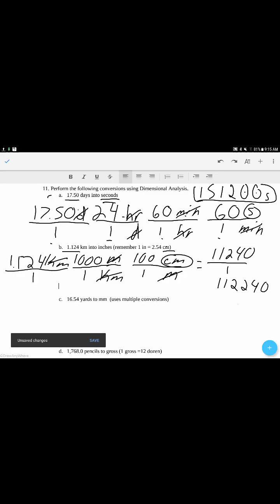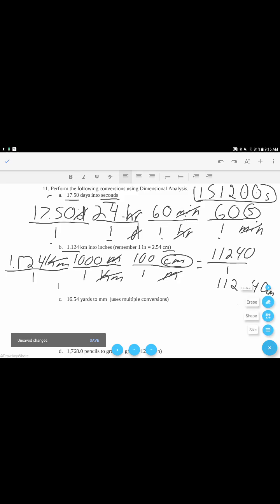Whoop, I did an extra 2 there. There we go. And then there shouldn't be space here. 11240 is our final, oh, I'm sorry, centimeters is our final answer. Okay?